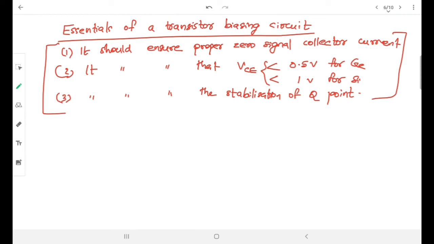To find the amount of stabilization in a circuit, we use a particular quantity that is known as stability factor. So how much stabilization is achieved in a circuit can be found out using the stability factor.